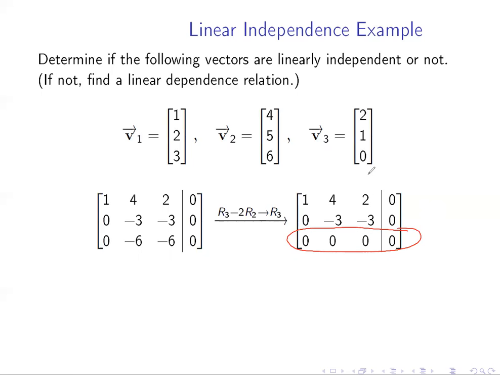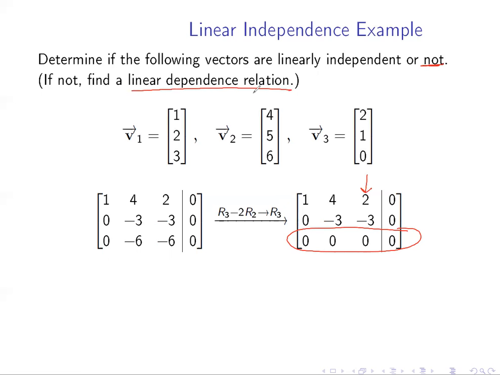One of those columns, this column, does not have a pivot, so it has a free variable. Free variable means there's more than one solution. Boom! We know that this is not linearly independent. If it was linearly independent, there would be a pivot in every column. So we've now answered our first question.